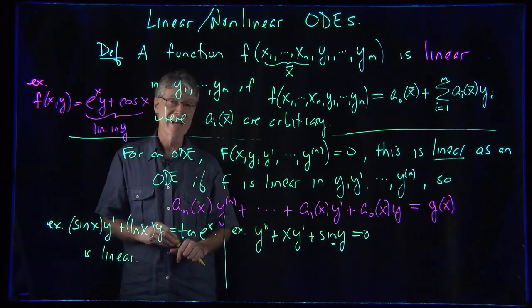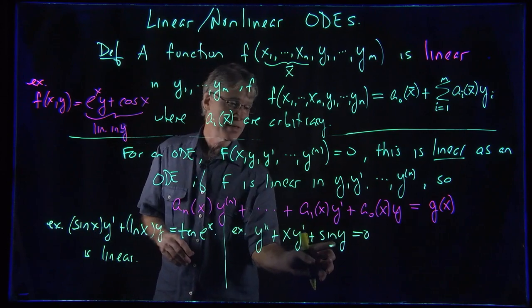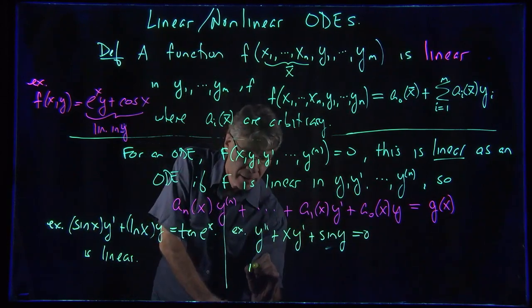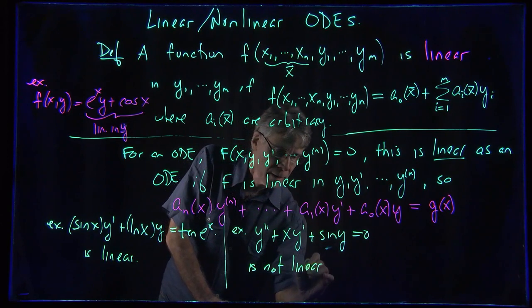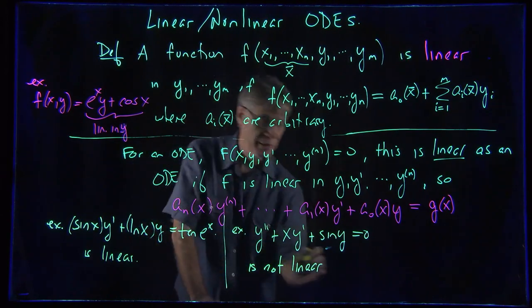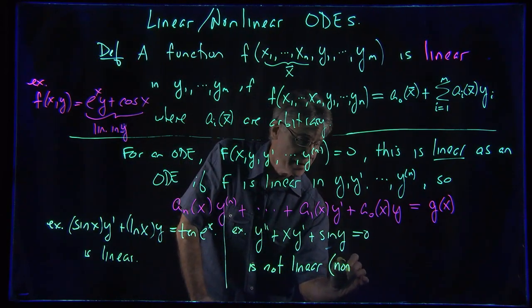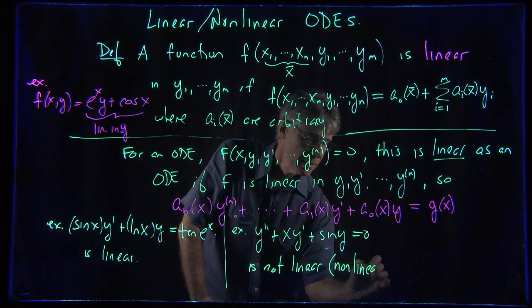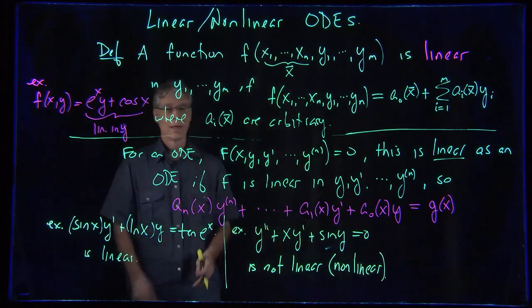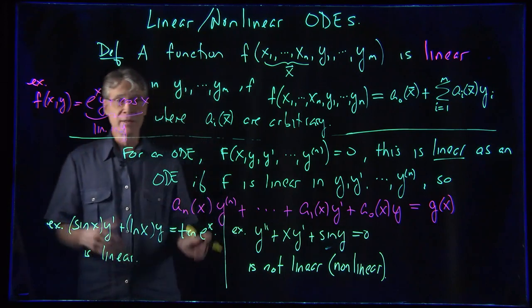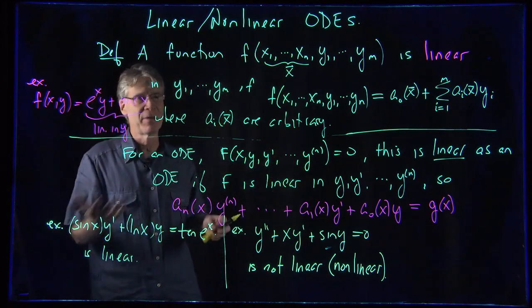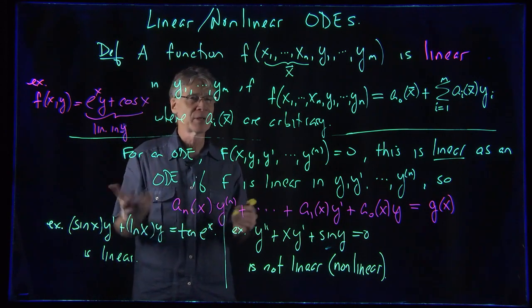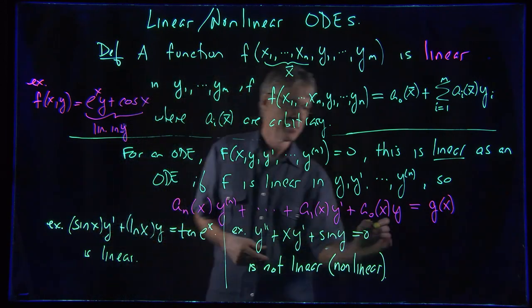That guy actually is nonlinear, so this guy is not linear as an ordinary differential equation. So we actually call that nonlinear. And that's a problem. A lot of very wonderful mathematical models are nonlinear in nature, and that's fine. It's just that it makes it much harder to solve them when they're nonlinear.